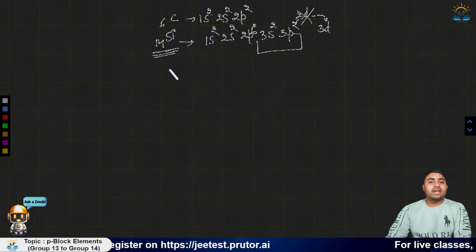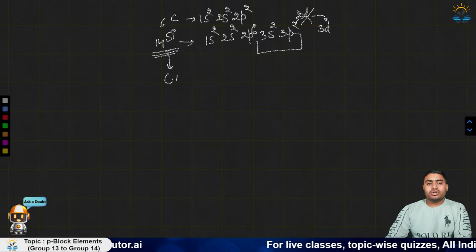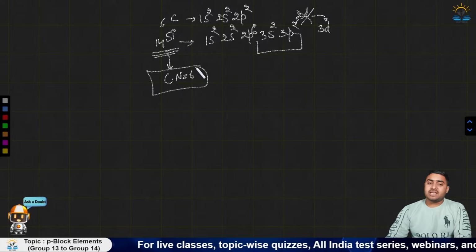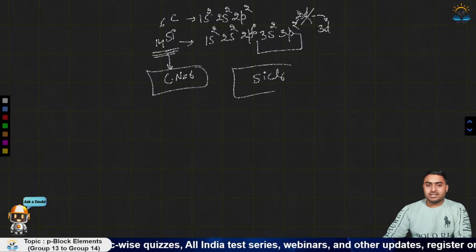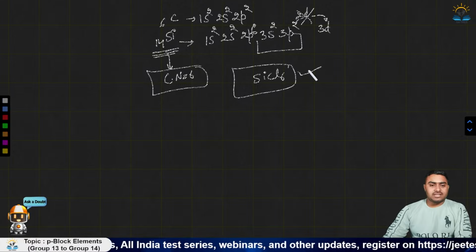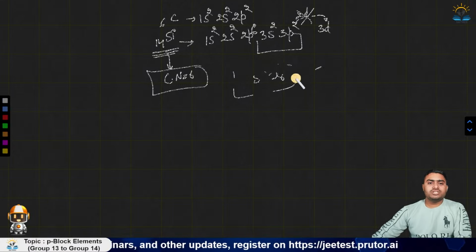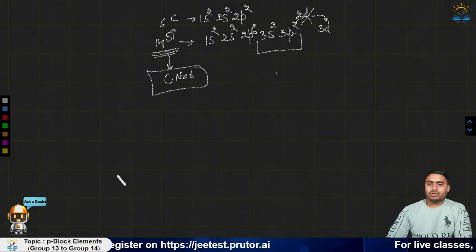Silicon can expand its valency beyond 4, and it can form coordination number 6 as well, like SiCl6. I hope this is clear. This is very interesting about carbon and silicon.